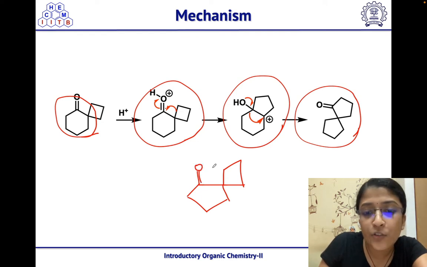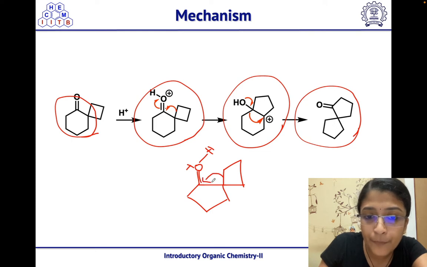So in the presence of acid, first the acid will coordinate with this carbonyl. Then this migration will take place. So what is happening?